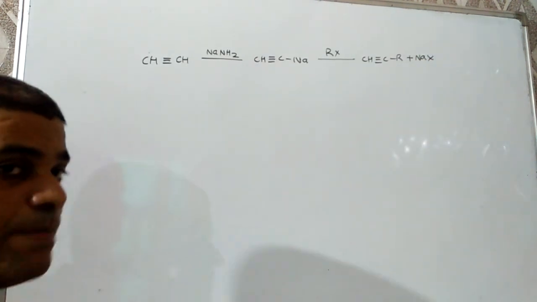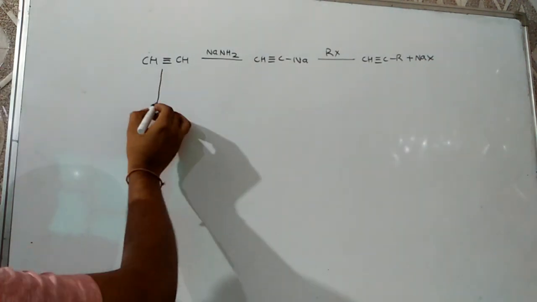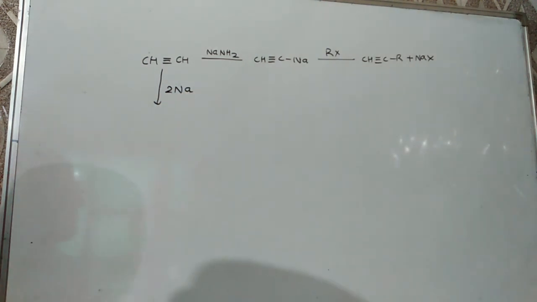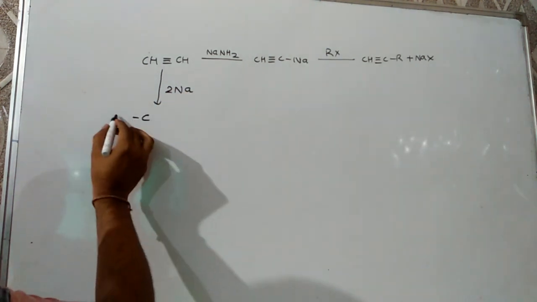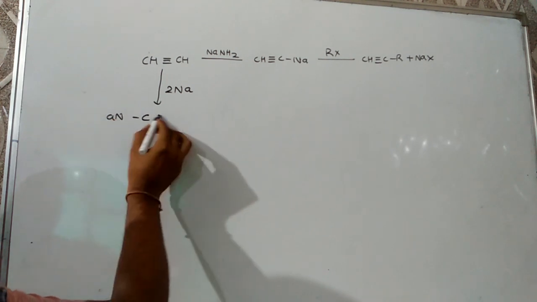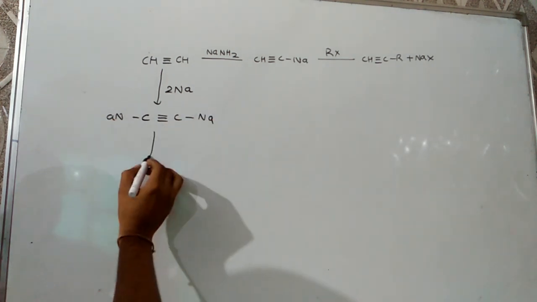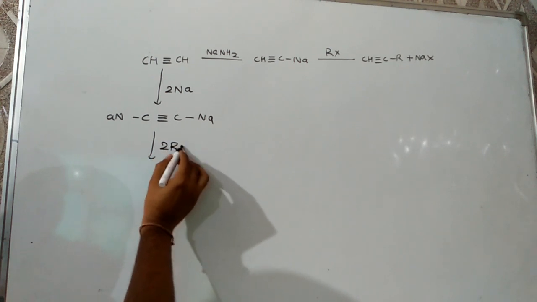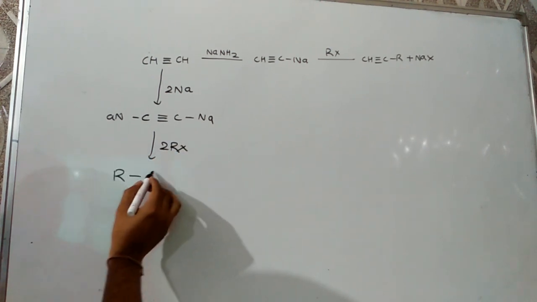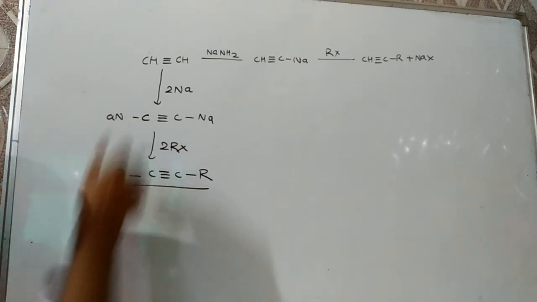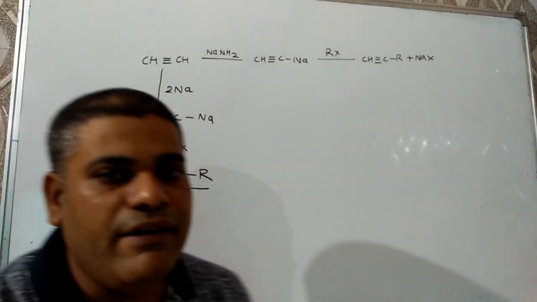But keep in mind, if acetylene reacts with sodium metal, then both the acidic hydrogens are replaced. In this case, when haloalkane reacts with it, we get non-terminal higher alkynes. These questions may be asked in your competitive exams.